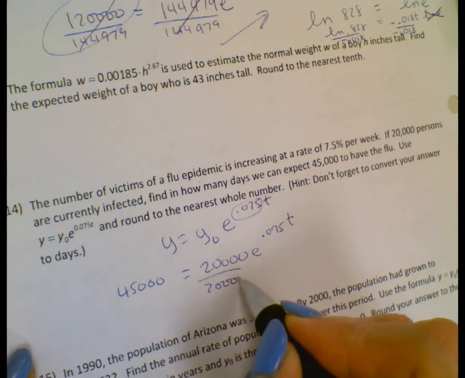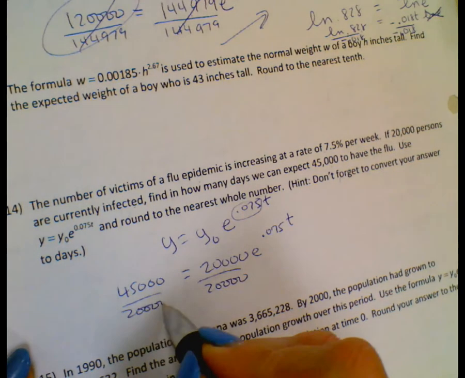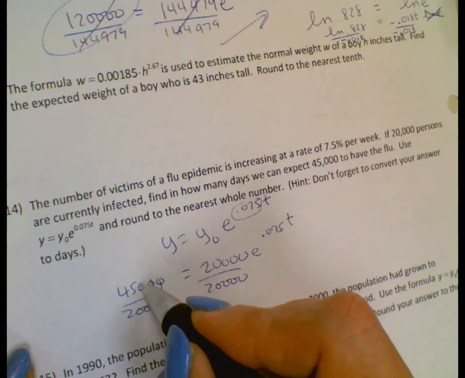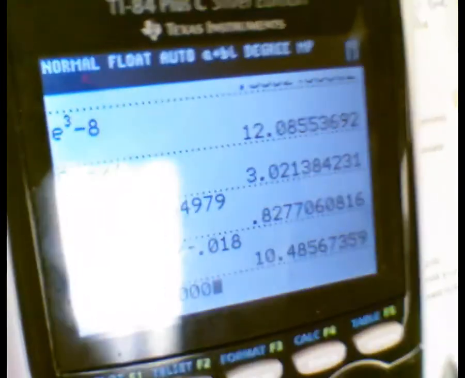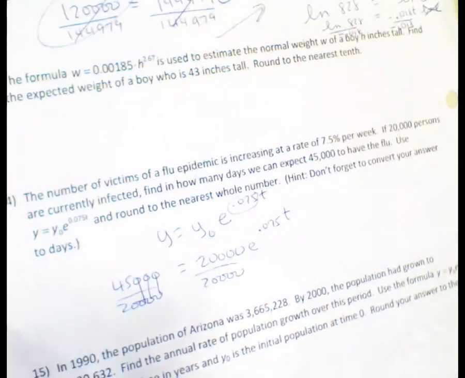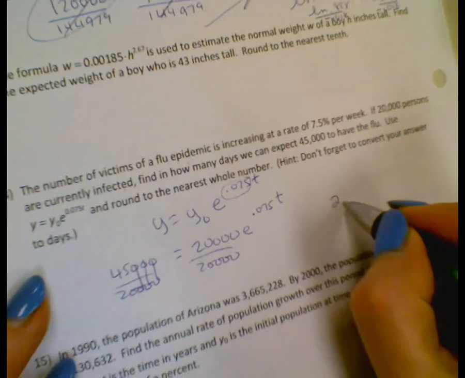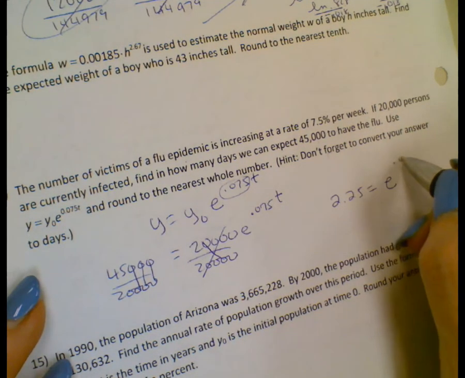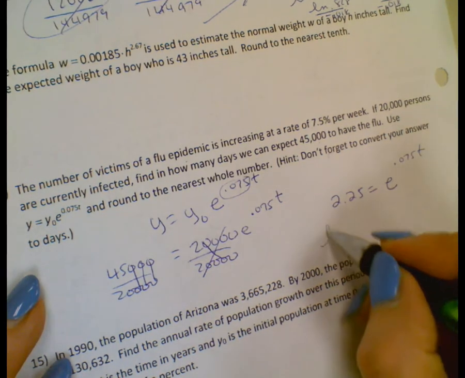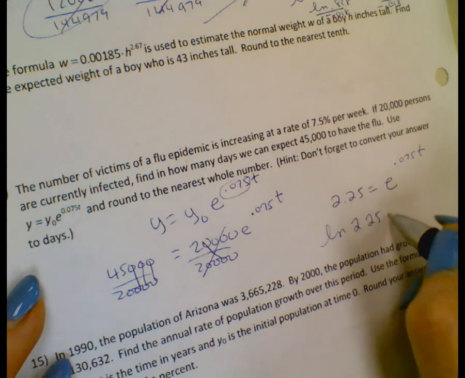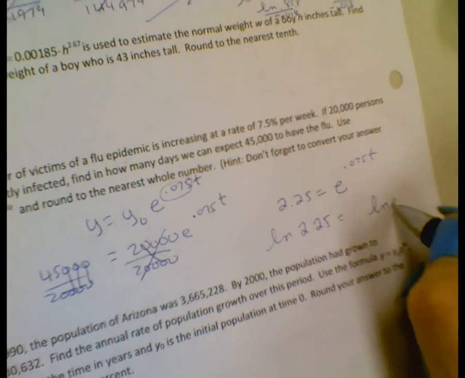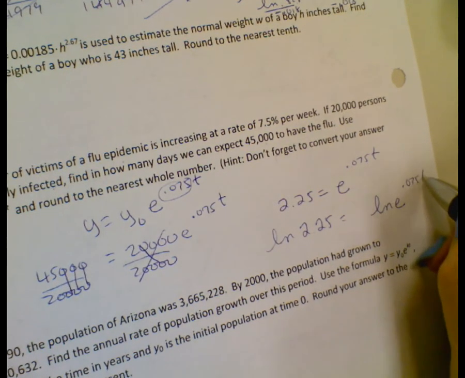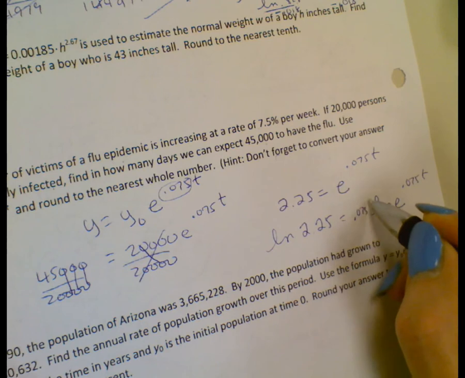So we're going to divide by 20,000. Just so you know, these zeros all cancel. But I'll still do it on the calculator. You get 45,000 divided by 20,000, which is 2.25. So we have 2.25 equals e to the 0.075t. So take the natural log of both sides. But we're going to release this 0.075t out front.